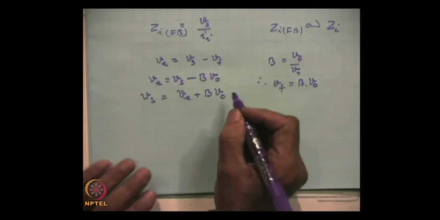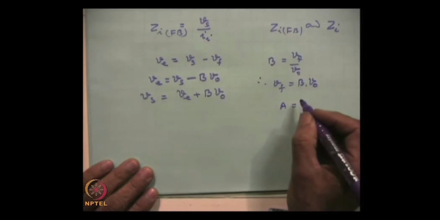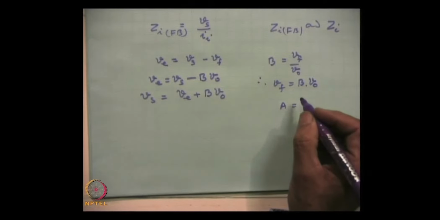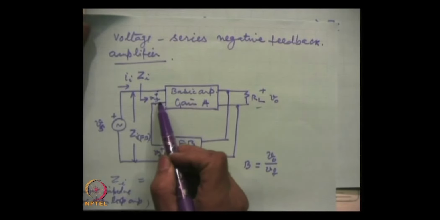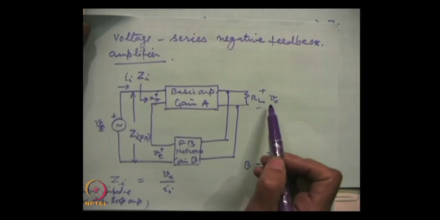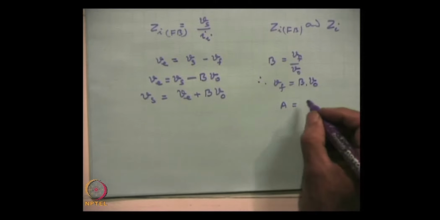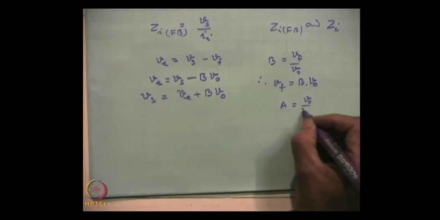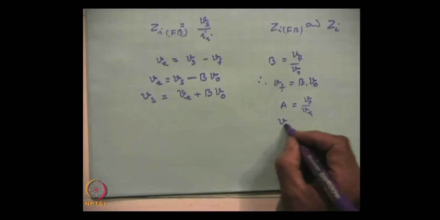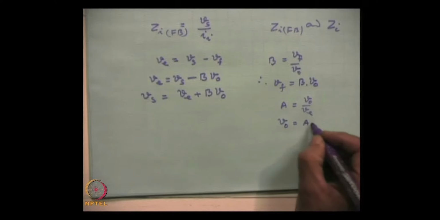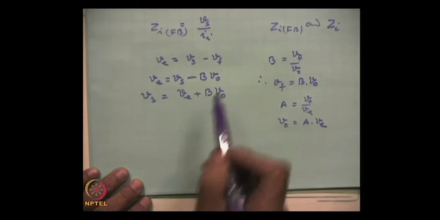And now, you know that A was the open loop gain, and open loop gain in this circuit you can see, if the input is VE, output is V0, then the gain is V0 by VE. So, A is V0 by VE, or simply V0 is A into VE, that we substitute here.